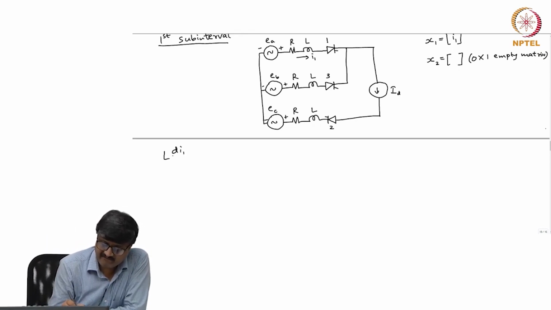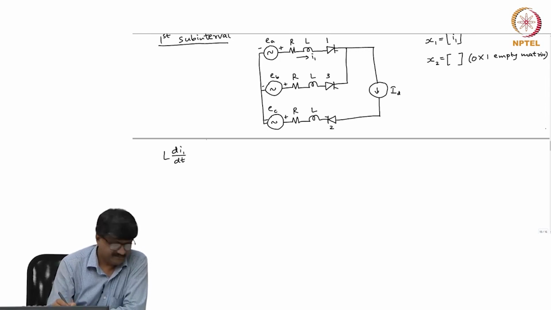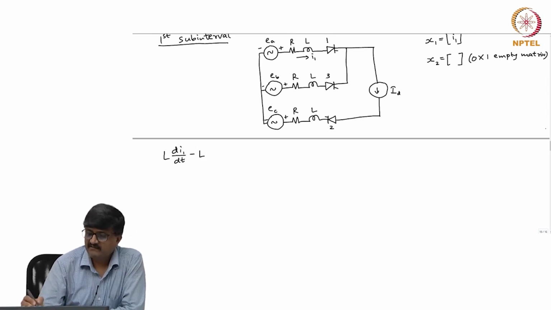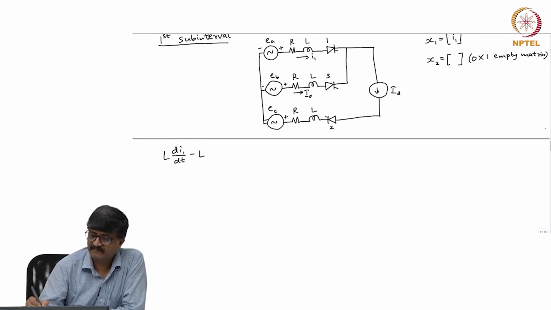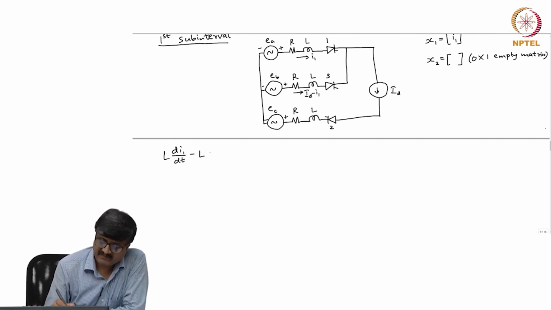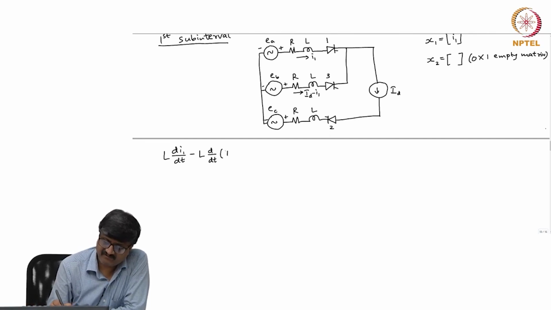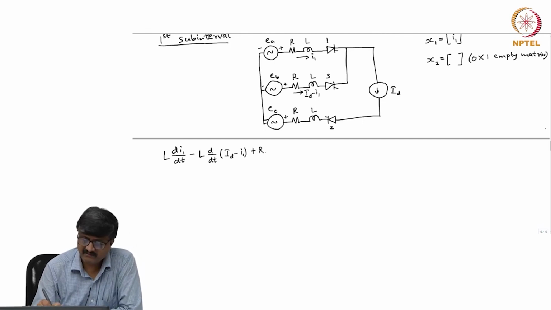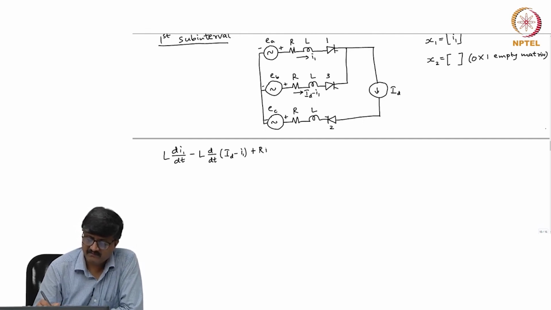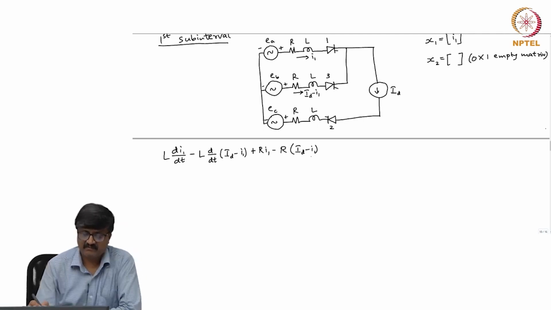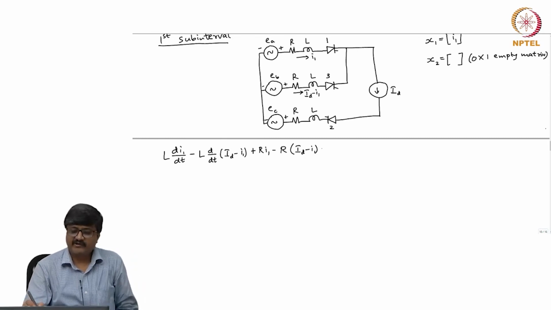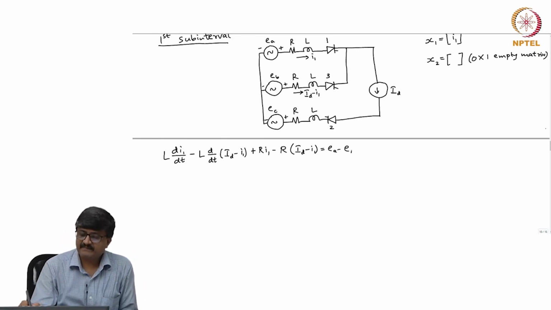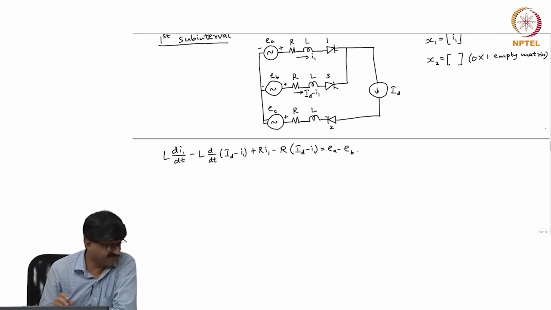L d I 1 by dt minus L, the current that is flowing here is I d minus I 1, d by dt of I d minus I 1, plus R I 1 minus R into I d minus I 1, is equal to E A minus E B. This is by applying Kirchhoff's voltage law.